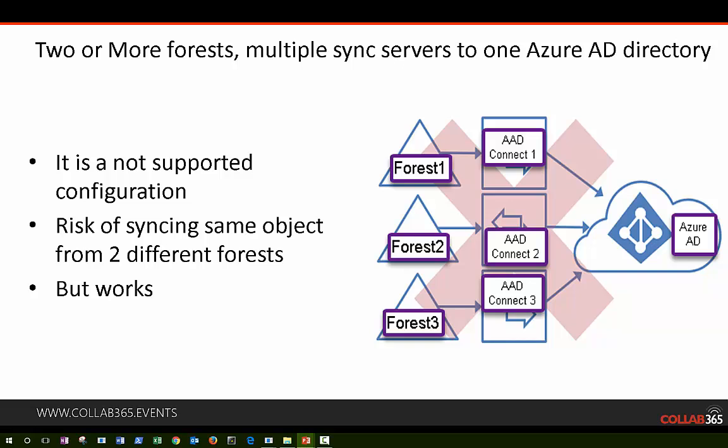Because we have a risk of the same object in two different forests, and they might replicate and raise a conflict in Azure AD, which you wouldn't like to see there. If you have a conflict there, it will start failing a few objects, so you don't want that. So it is not a recommended configuration, but I just wanted to highlight this is a configurable option which might work for you, but it is not recommended or supported.